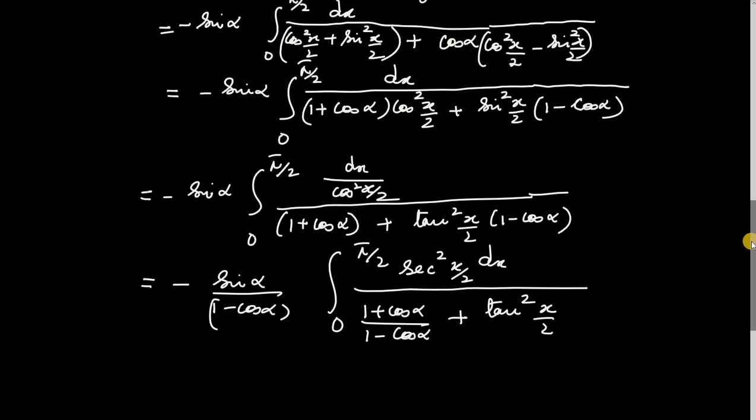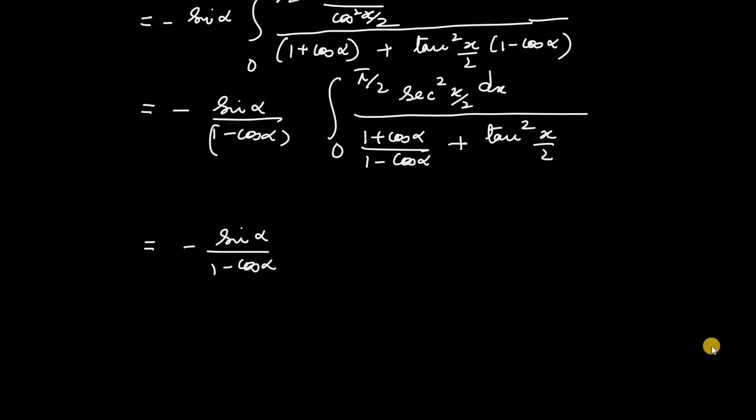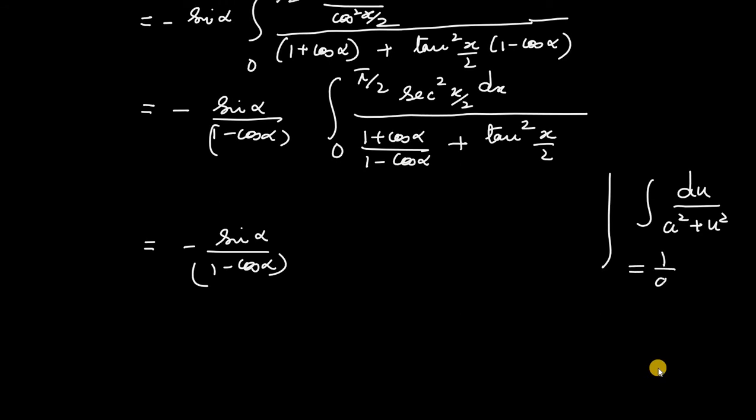So this one reduces to this form, and then this can be written as what? It will be equal to minus sine alpha by 1 minus cos alpha for the time being. Now what is the integral of this one? Du by a square plus u square. It is 1 by a tan inverse of u by a.